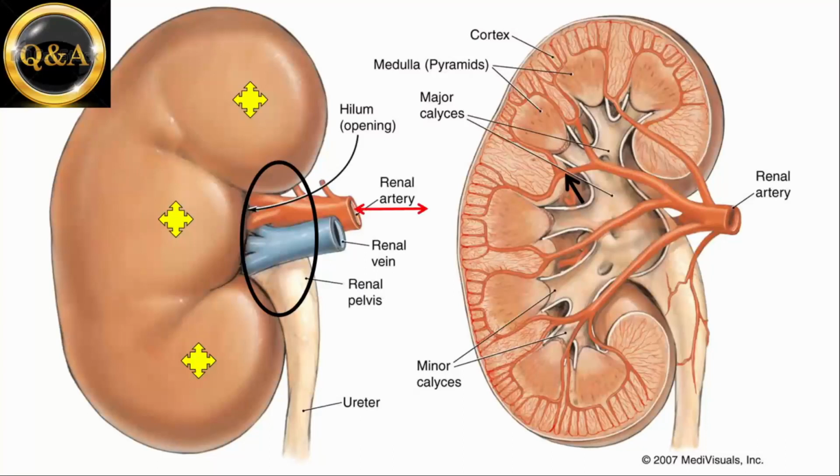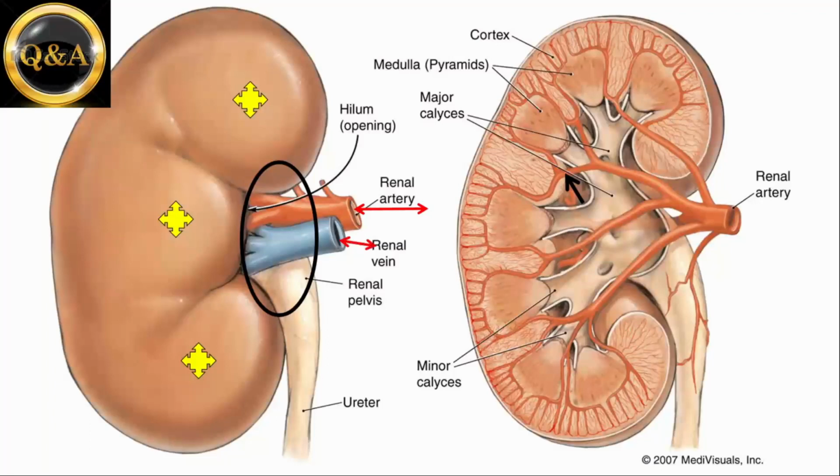When we look to this artery, it is the renal artery. It is the only artery that comes at right angle out of the abdominal aorta.